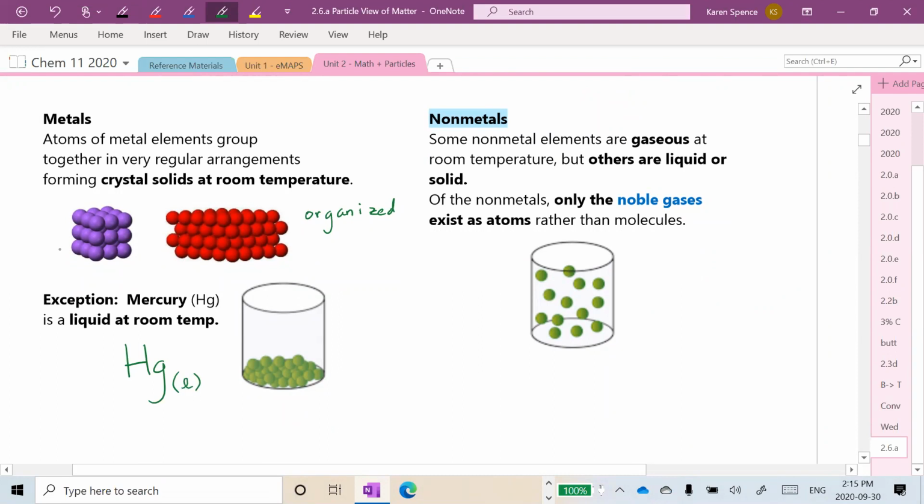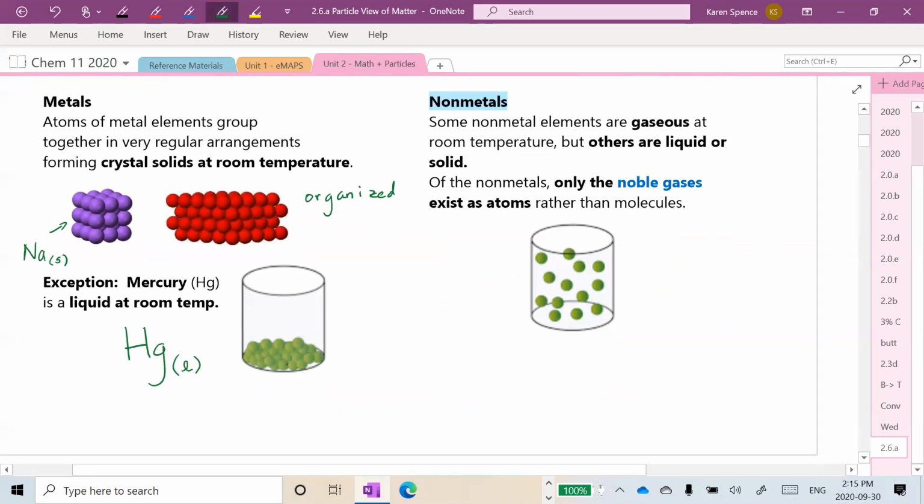So maybe this one is sodium, and so we have sodium with a little subscript at the bottom, and we say solid. And that's made of sodium atoms. Mercury is a liquid. You can see that although the particles are still really close together, they're all jumbled, rather than being very organized in a solid. And so that is our liquid.